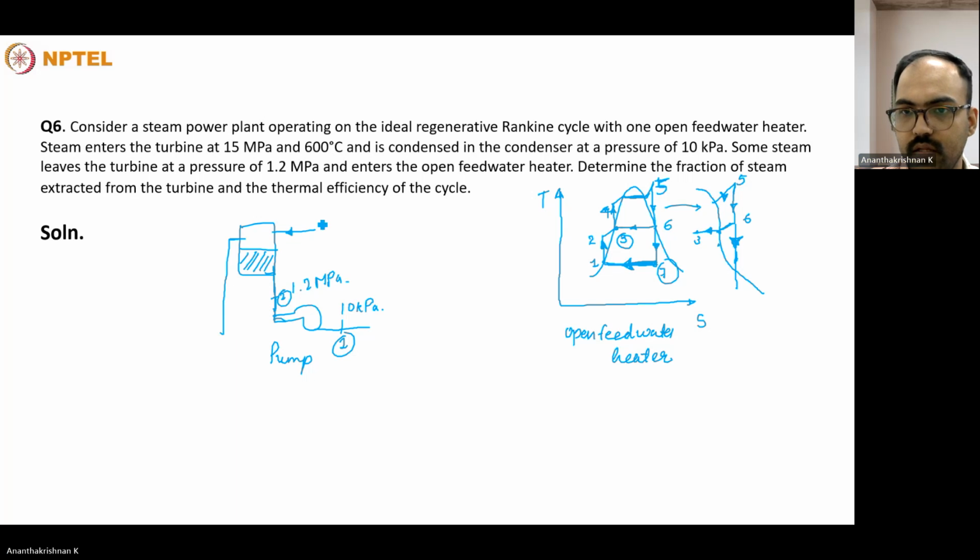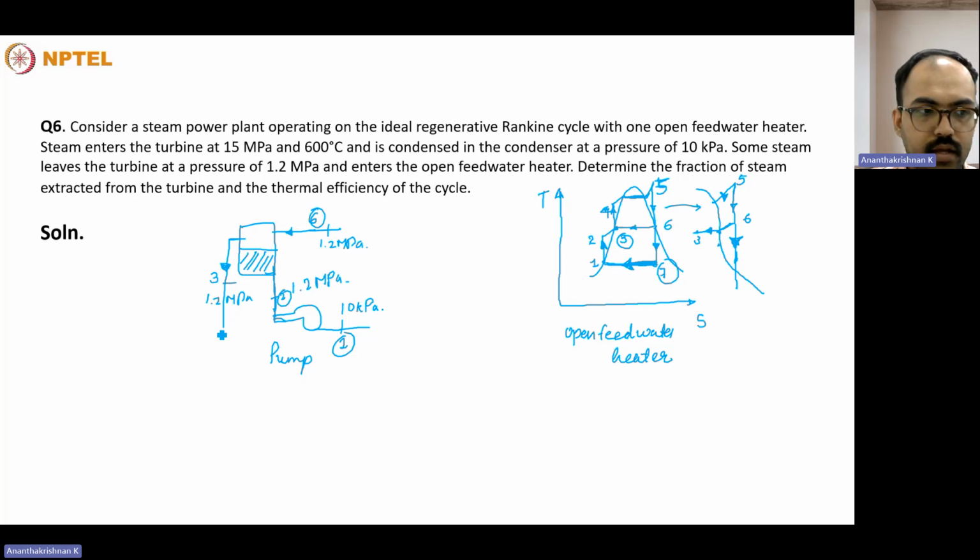This will be coming from 6, that is a vapor, and the 6 and 2 mix together to give the point 3. The point 3 will be at 1.2 megapascal, same pressure. Point 6 also will be at 1.2 megapascal. We do not know anything about the temperature as of now, but it will be a saturated condition. You can easily get it from the steam table.